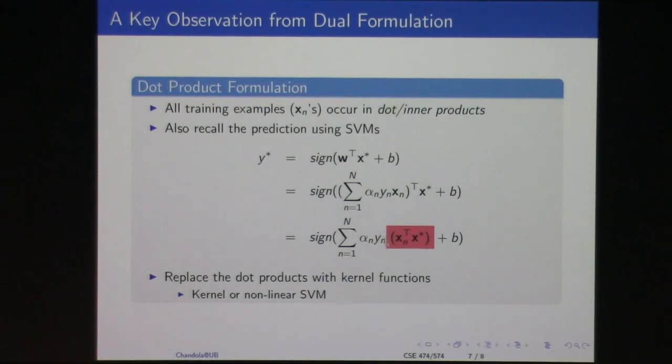Which means you only have to save the non-zero alphas, which will be much fewer than all of your training data. So SVMs allow you to learn compact classifiers, which are not only good in terms of differentiating data, but also easy to store, which becomes an important issue in many applications. Any questions?